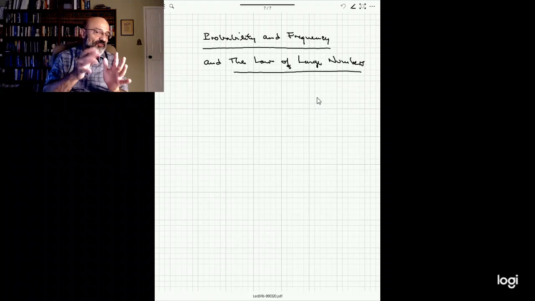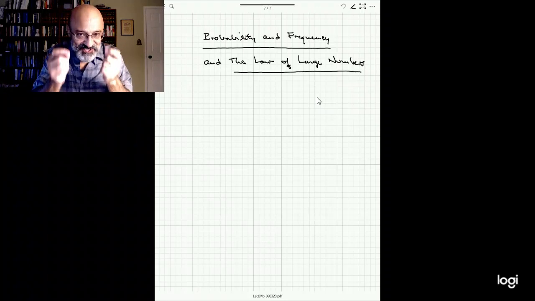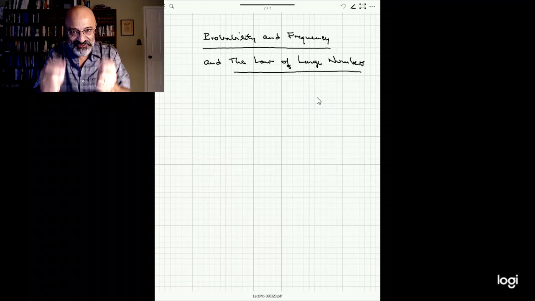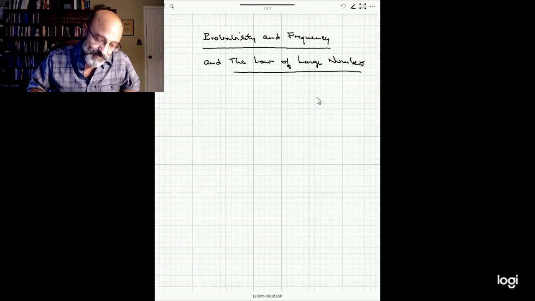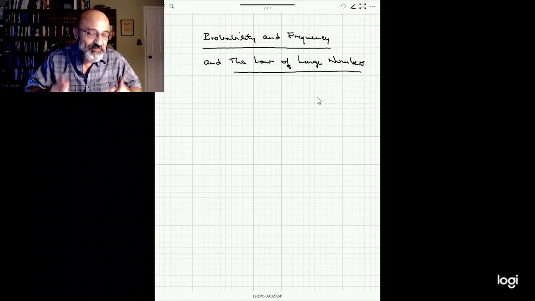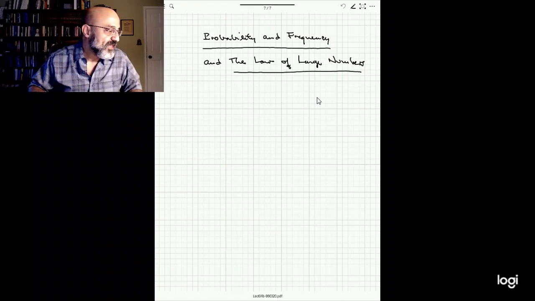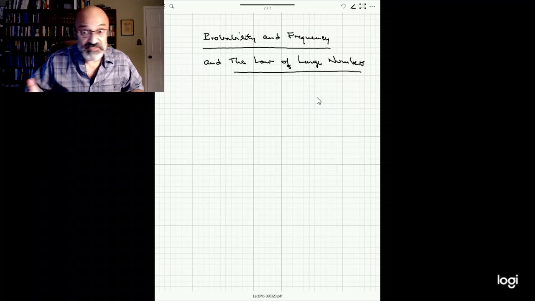It's actually all right, but conceptually it's totally wrong. And so that's what we want to do in this particular section of the class: analyze in a little bit more detail why it is that a probability and a frequency are related, but they're not the same thing.